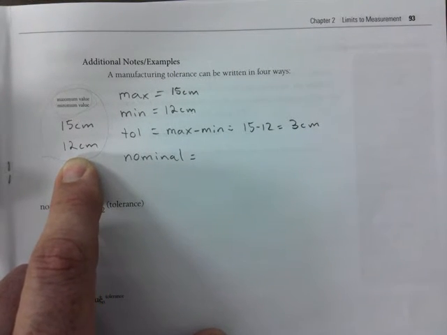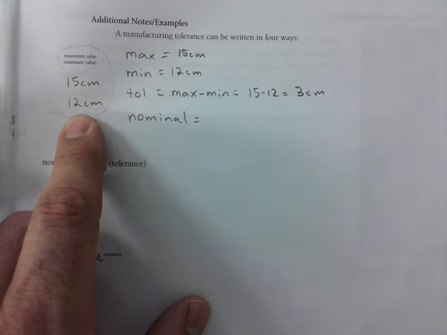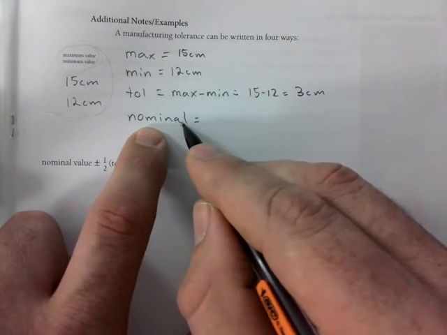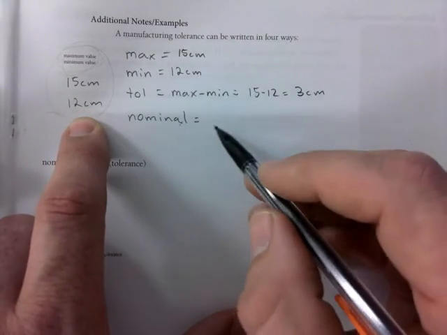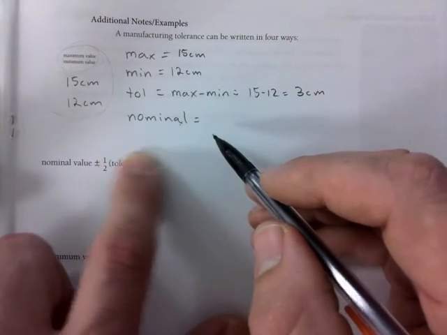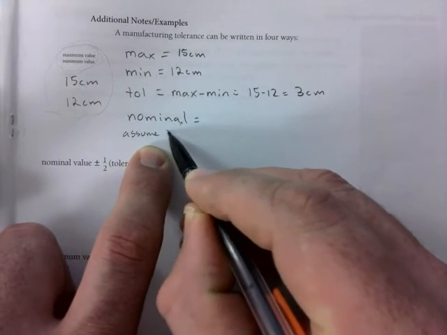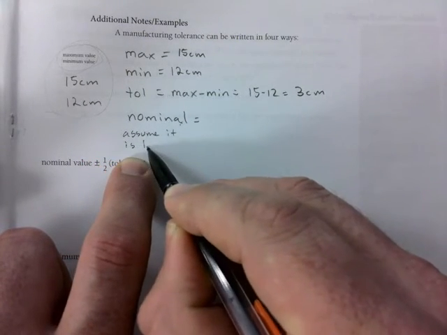Okay. Watch for negatives. Double negatives are going to be quite frequent, so you'll see that. Nominal, what's nominal? In this case, we're going to assume it is in between.